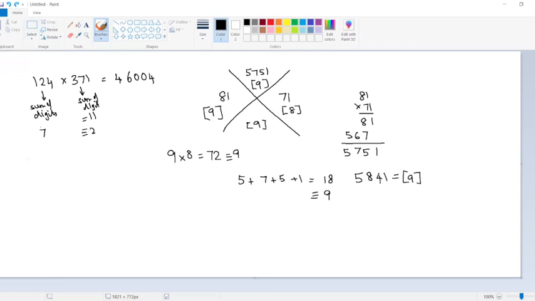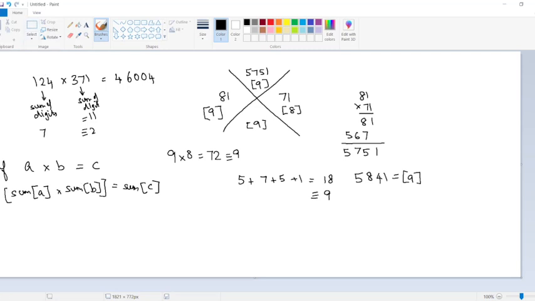Basically, we are claiming if A into B equal to C, then sum of digits of A into sum of digits of B equal to sum of digits of C. I want to bring this sum to a number between 1 to 9. So if this sum is a 2 digit number, we will take the sum of digits of that, always reducing the sum of digits so that I get a single digit.